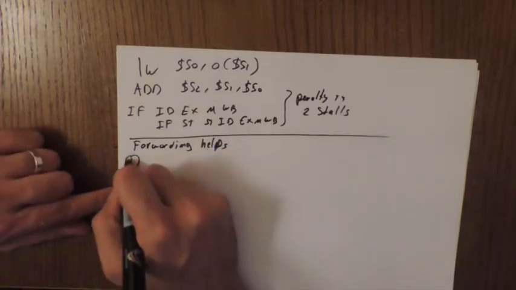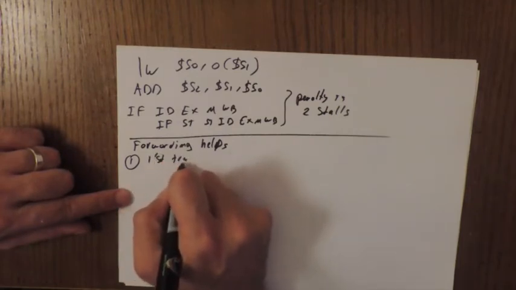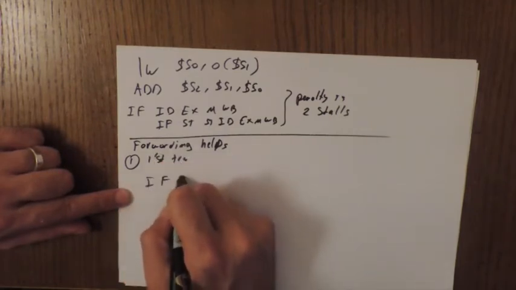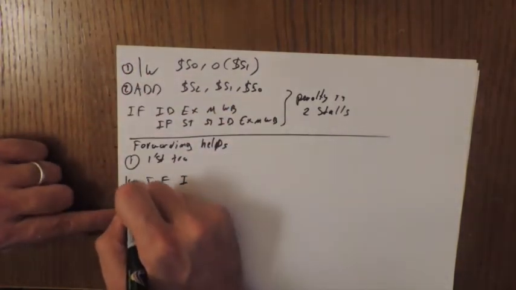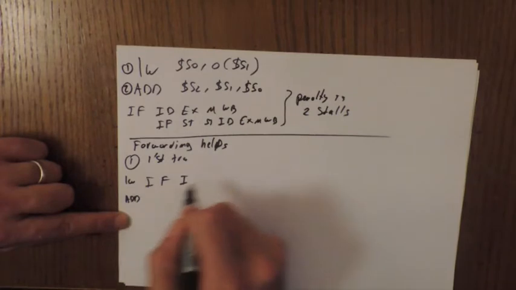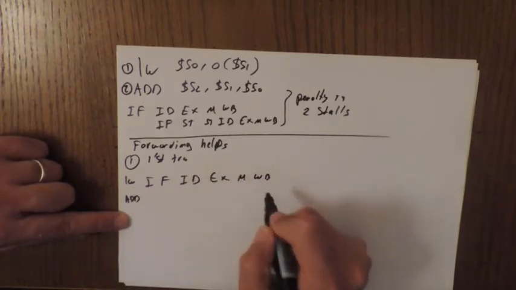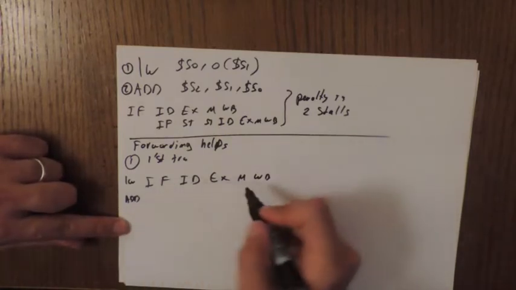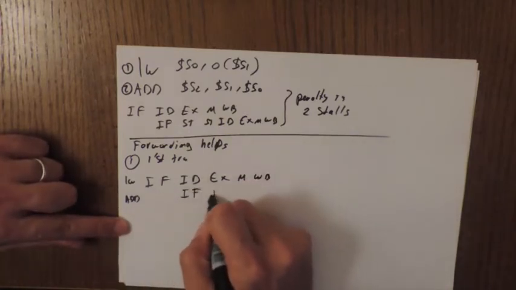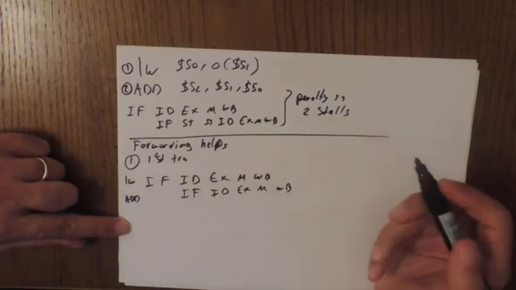So let's do the first try. This is the first try. Say IF ID, this is 1, this is 2, so this is the load, this is the add. So I have IF ID EX memory write back. If I do it the same on my first try, I'm going to do something wrong here.